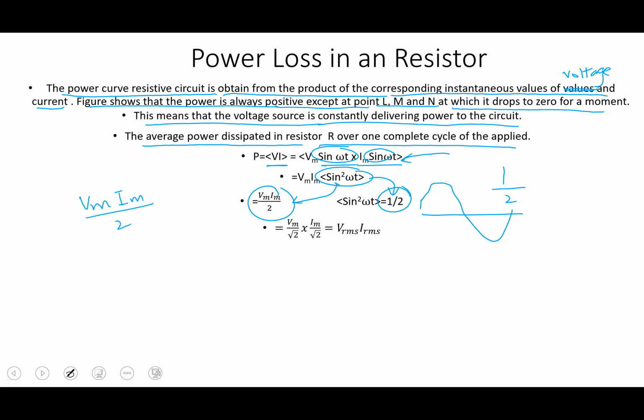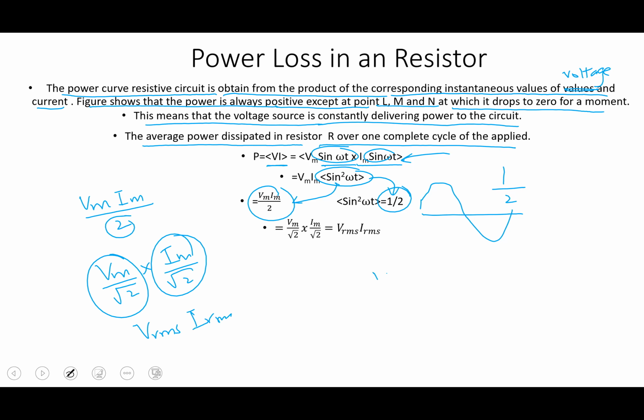Or we can say that this 2 can also be represented as Vm/√2 multiplied by Im/√2. This Vm/√2 is represented by Vrms, and this Im/√2 is represented by Irms.